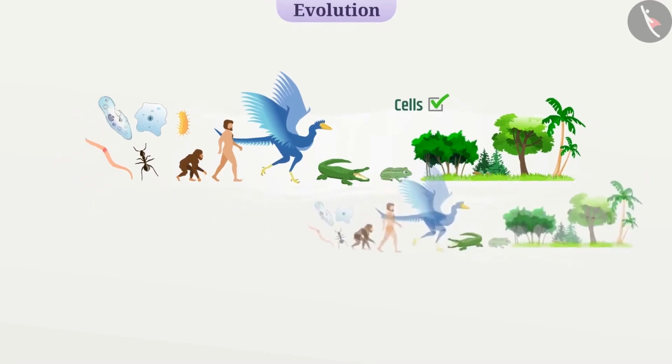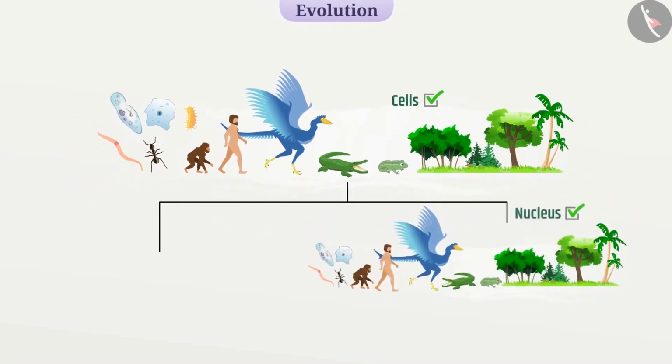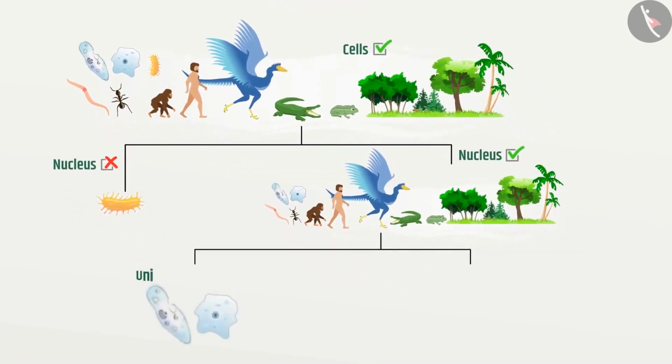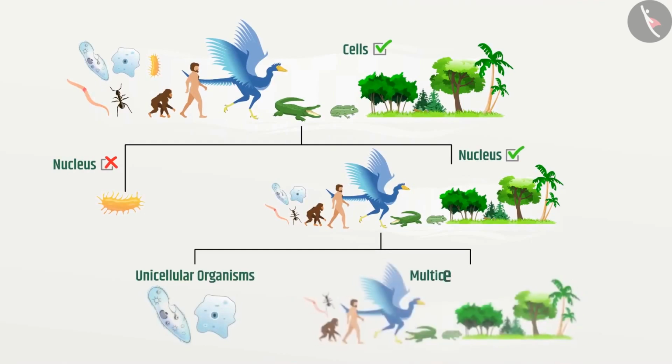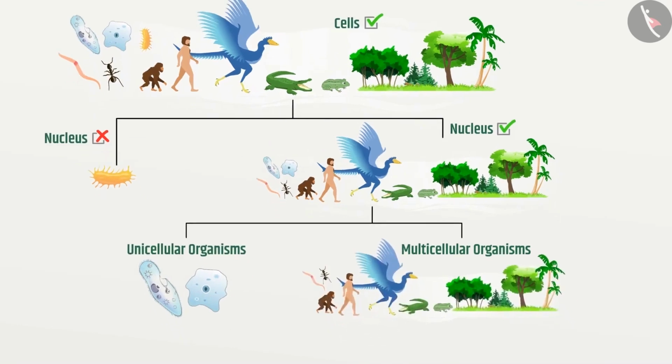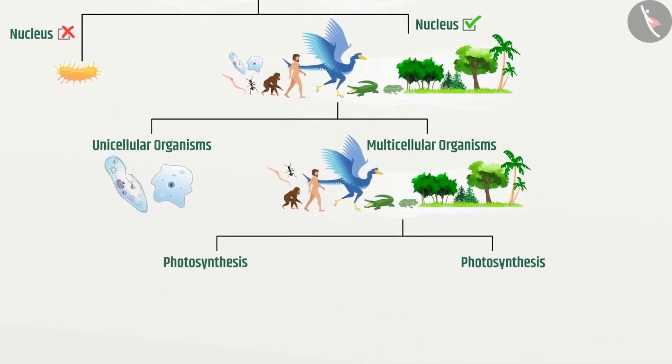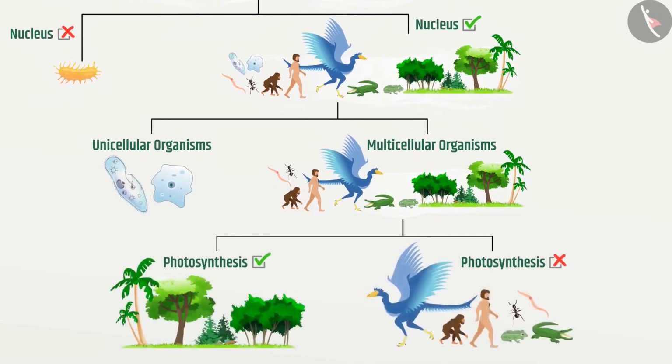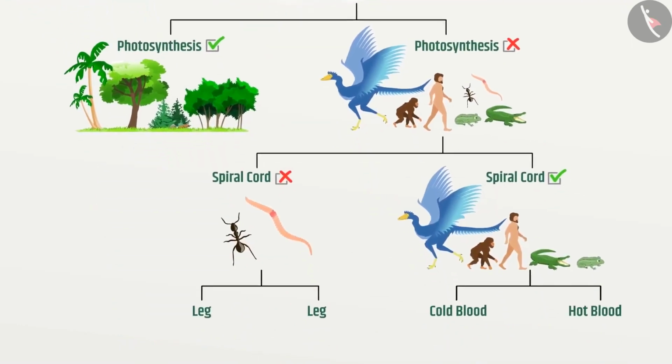For example, most organisms have nucleus in their cells, but bacteria do not have distinct nucleus. Then, we will classify those organisms which have nucleus into unicellular organisms and multicellular organisms. At the next level, we can classify multicellular organisms based on ability to do photosynthesis. Then, we can take the body structure into consideration at the next level.